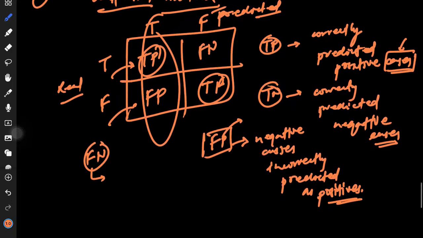Because our model predicted negative, but in actual it is true.